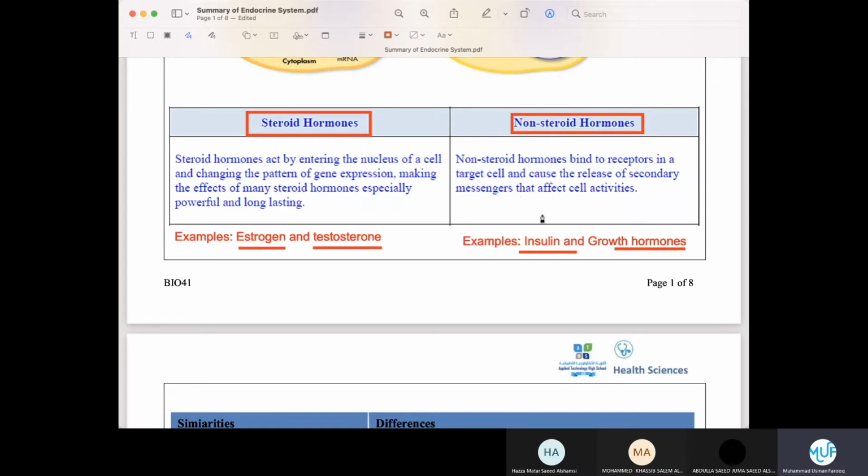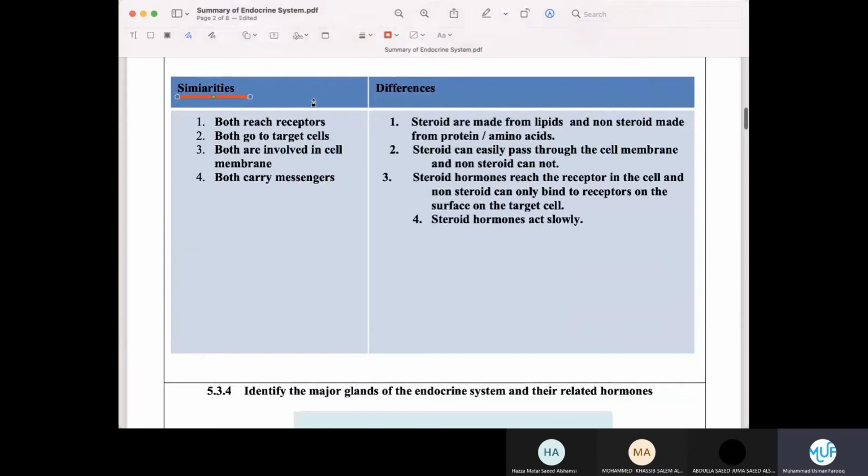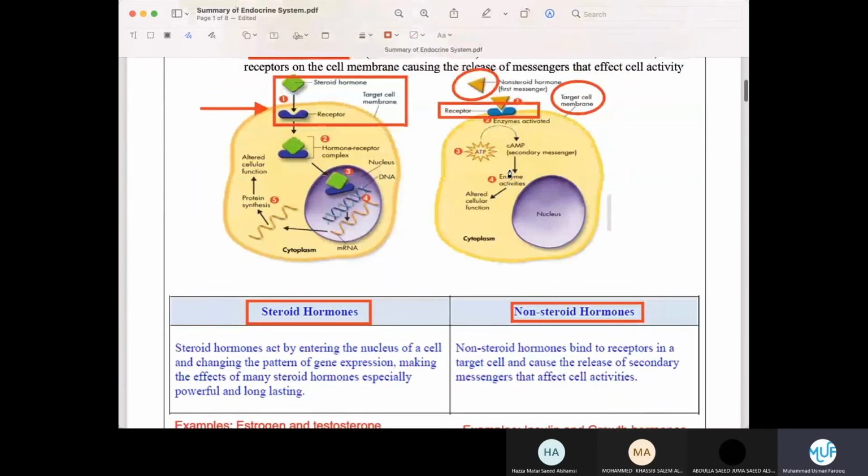Other than that, the similarities and differences between them, we discussed actually. Both need the receptor, both go to the target cell, they carry messengers with them, and they produce some response. The difference is that steroids are made up of lipid, and the non-steroids are made up of protein or amino acids. Who needs a receptor in the cell membrane?